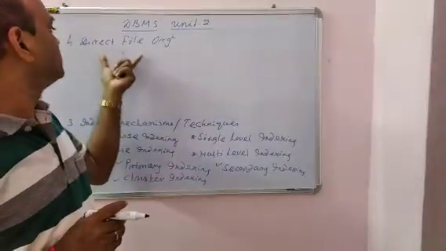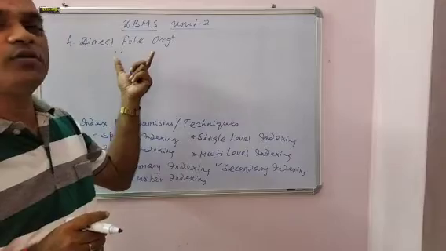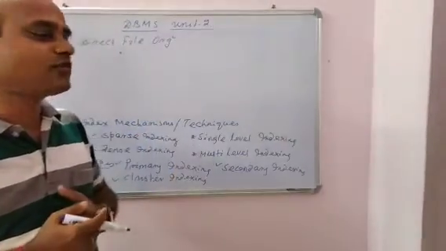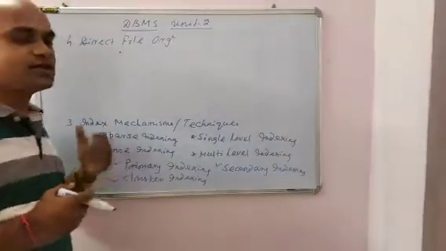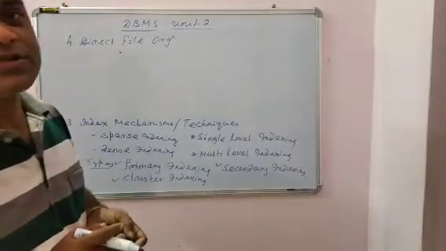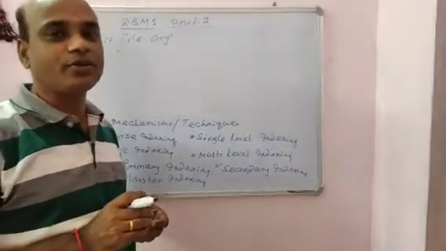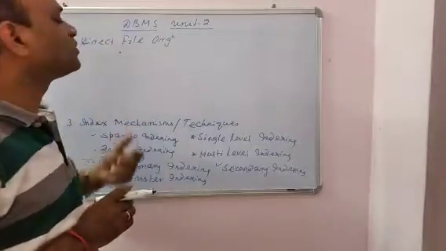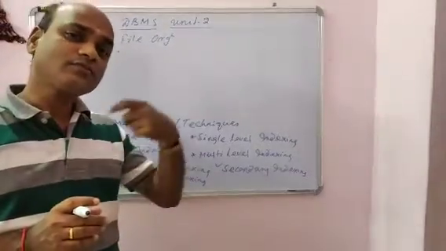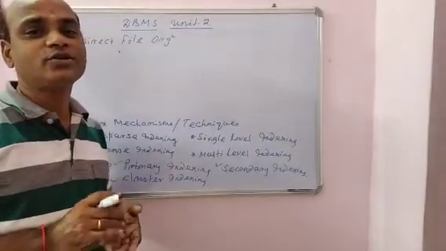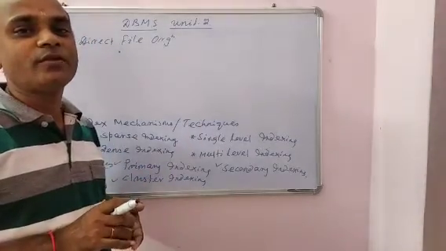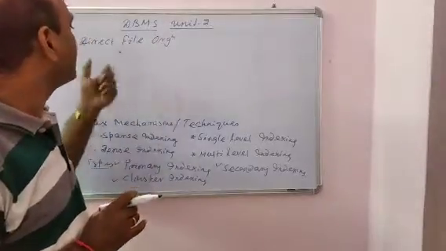So for this direct file organization, we are using a mathematical function. It is a technique, that is a hash mechanism or a hash technique. This hash technique always uses a hash algorithm. So by using this hash algorithm, we can search and locate the memory address. So directly we are getting the memory address by using this hash mechanism.